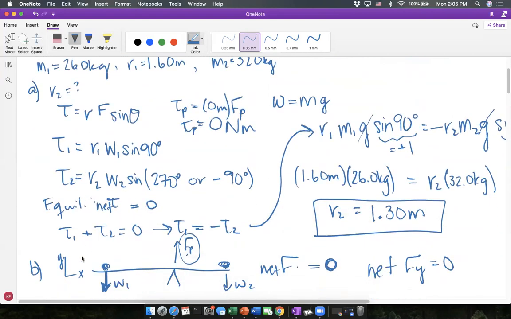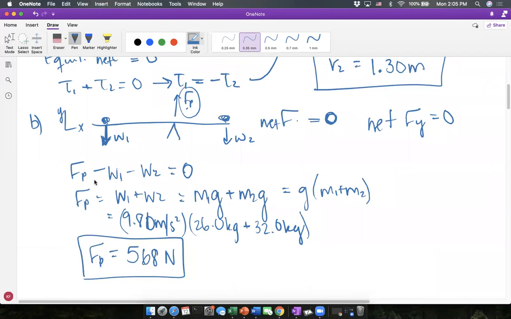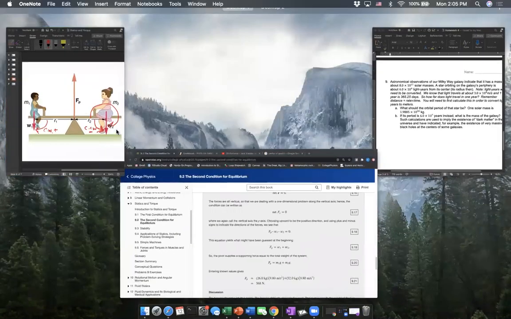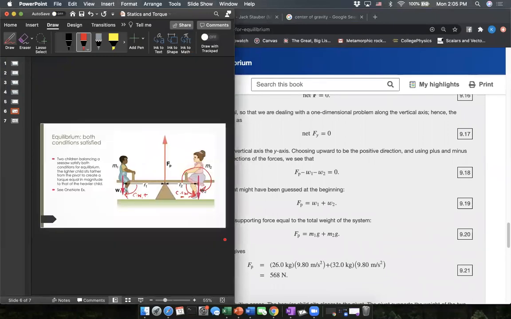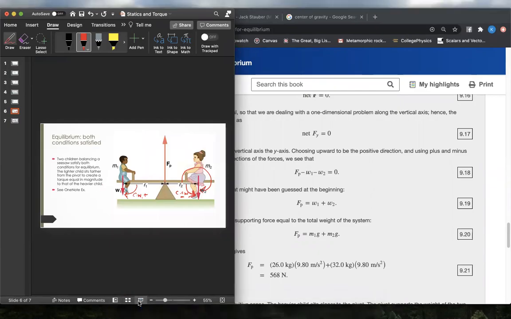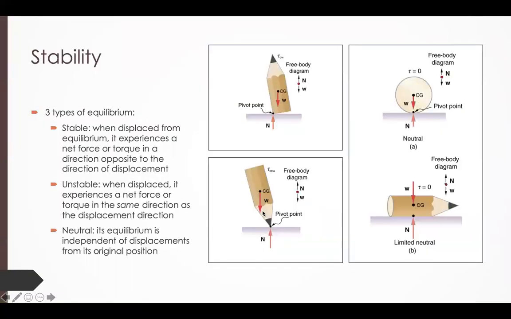All right, so let's go ahead and go back to our PowerPoint and continue the lecture. One last thing that we need to talk about is going to be stability.